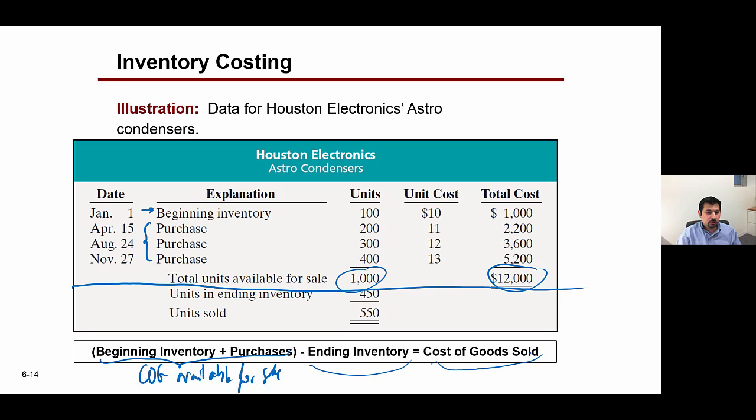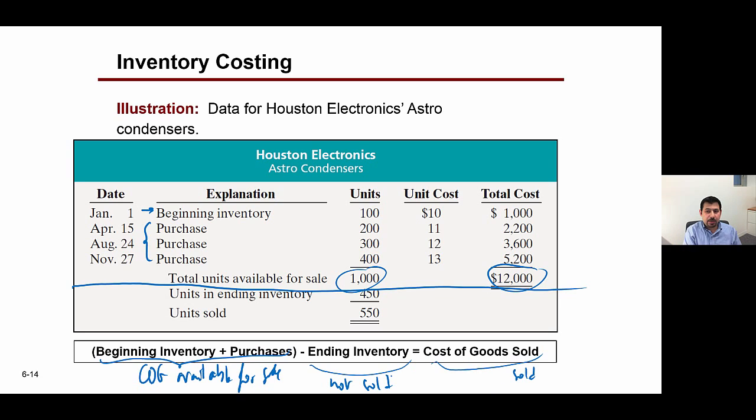So we'll end up also with another part that will be in our ending inventory. So this is the part that was sold, and this is the part that was not sold.